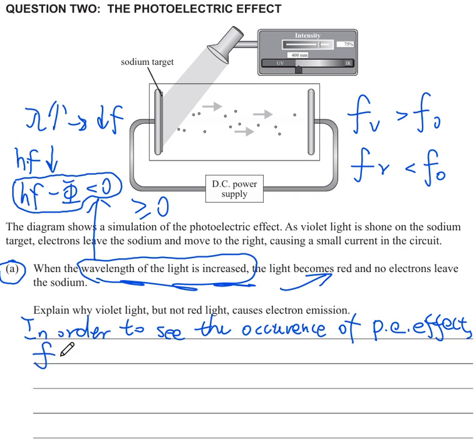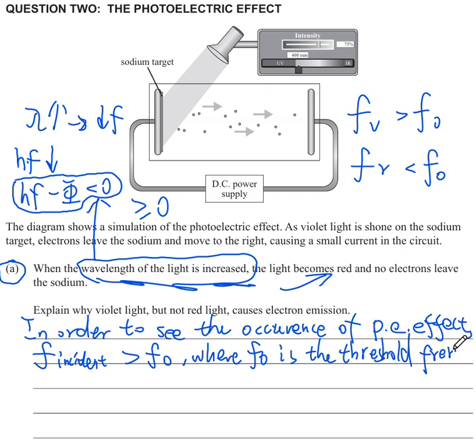The f incident must be greater than, actually you can put equal to here, it doesn't affect it too much, okay? f incident, the frequency of the incident light, should be greater than f0, where f0 is the threshold frequency.